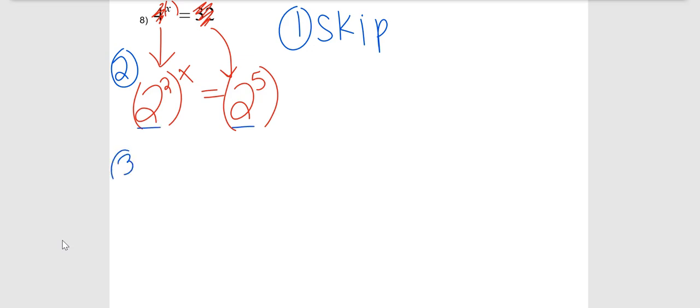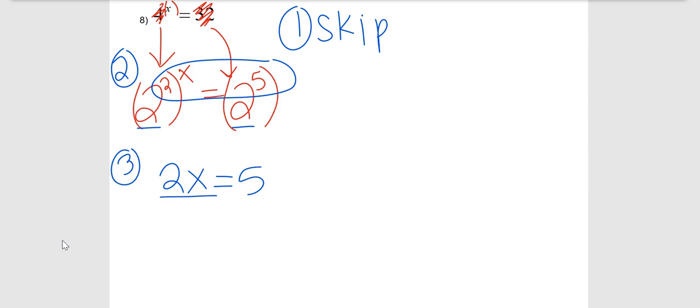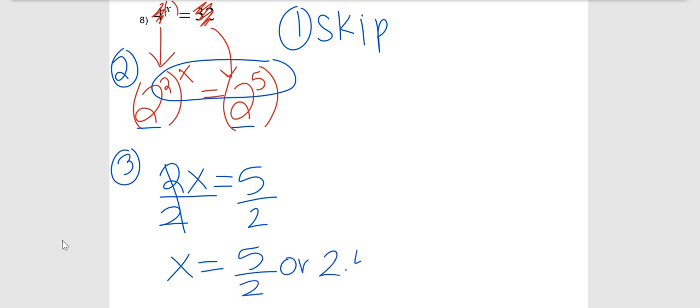So now step 3, we set the exponents equal and solve for x. And we get x equals 5 halves, or 2.5. And then go ahead and plug in your answer and make sure that both sides come out to be 32.